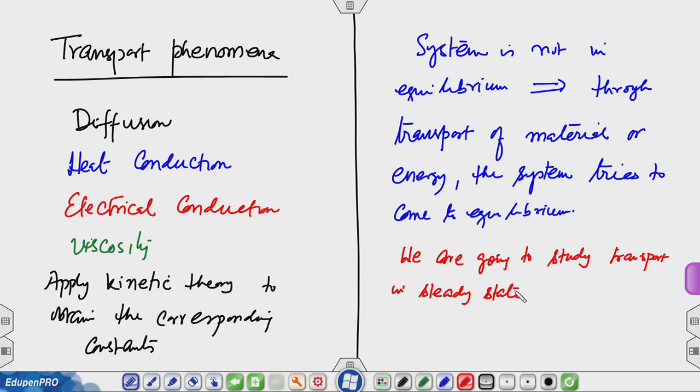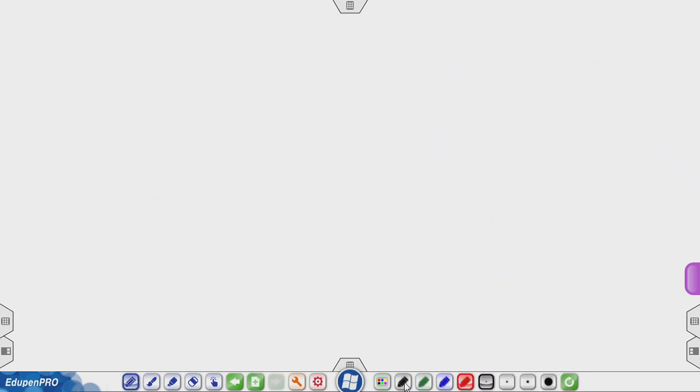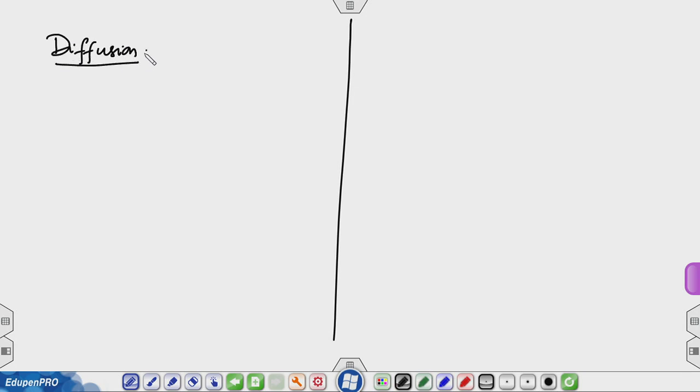So let's talk about different phenomena that I have just presented. Diffusion of particles takes place when there is a density gradient. So what you have seen is, suppose I have a glass of water with some sugar in it.